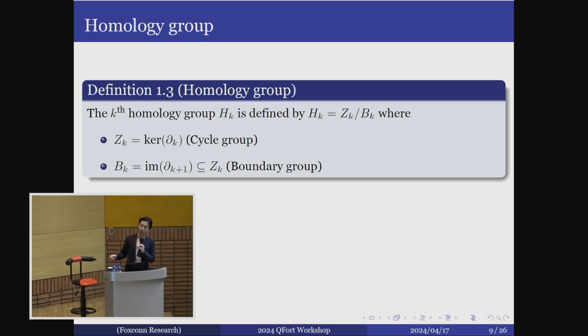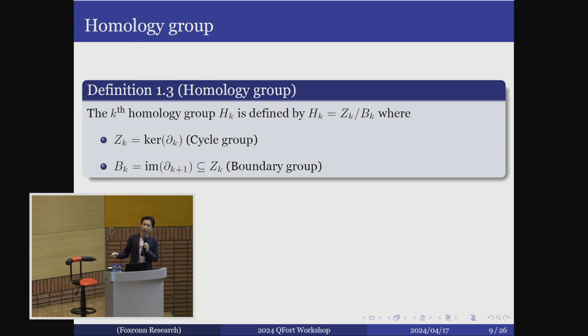It is defined using the kernels of your K boundary operators. So Z_K is called the cycle group. This is just terminology, you don't need to worry too much about that, but at least you know this boundary operator is a linear operator. So you can define its kernel as well as its image, right? So this B_K is the image of the K plus 1 boundary operator.